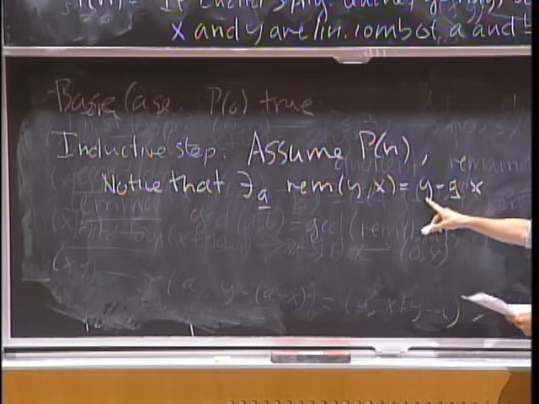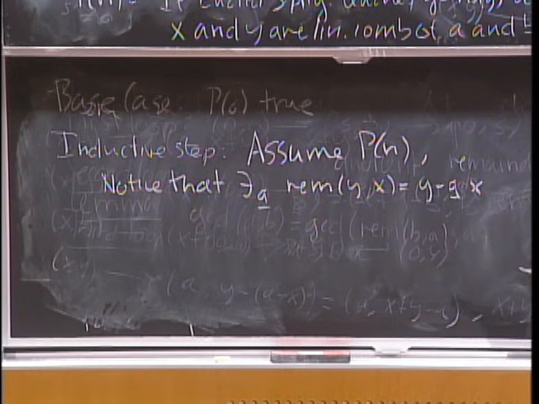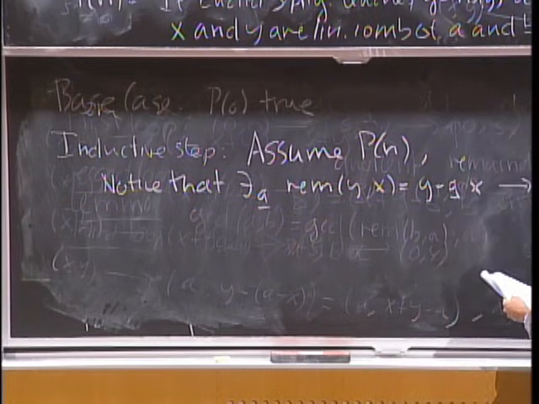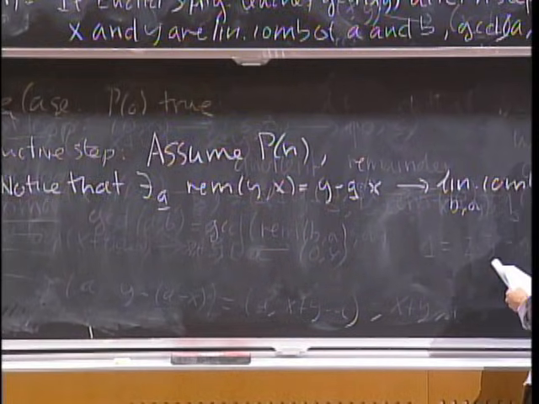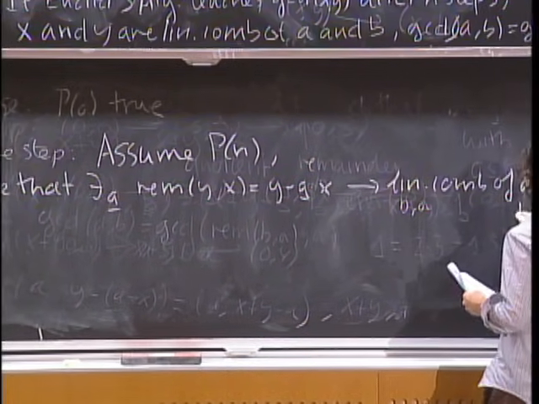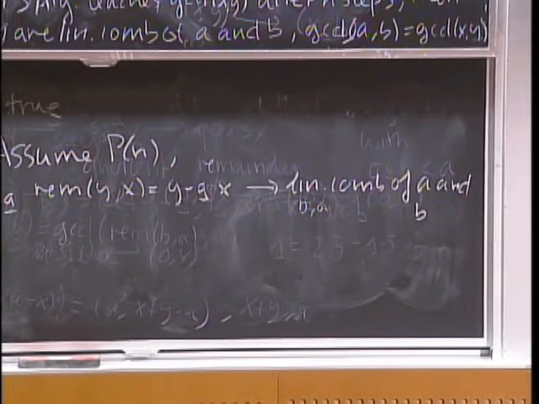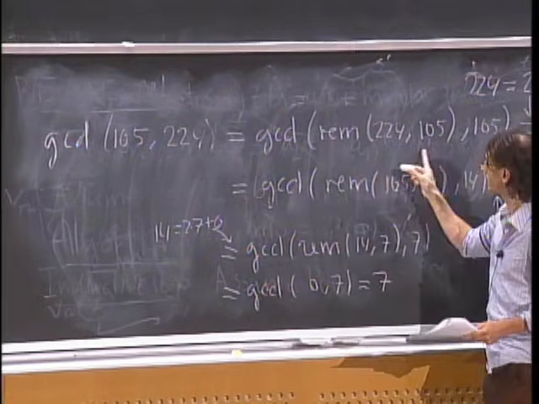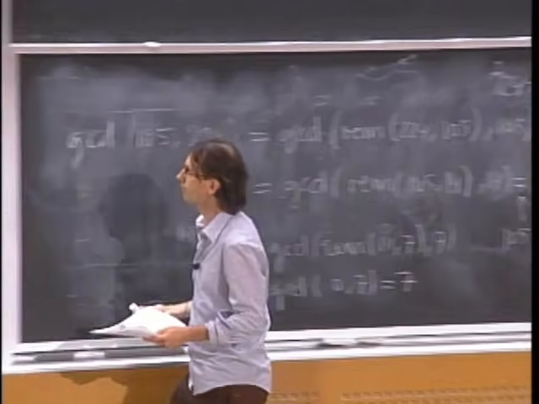We know that y is a linear combination of a and b, and x is as well. So that means that this one is actually also a linear combination of a and b. So now when we look at this algorithm, we can see that the remainder that appears in here is still a linear combination of a and b.